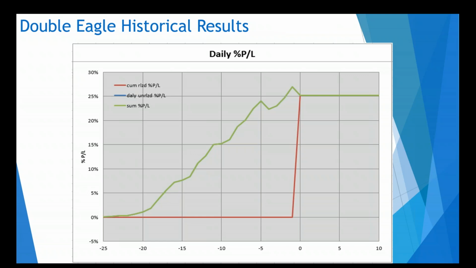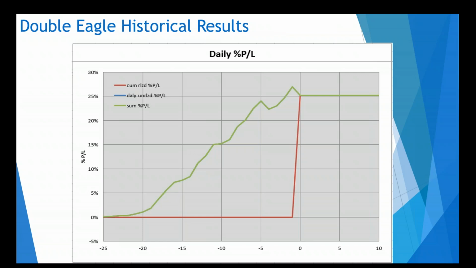If I remember right, 69% were winners and the others were losers. Taking the trade off at 0 day produced a 25% profit against total risk.